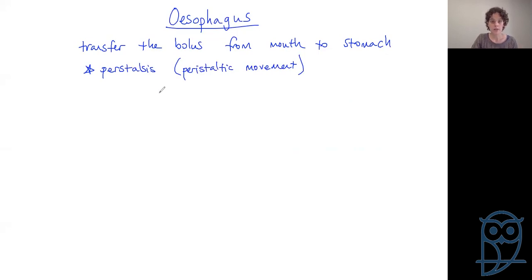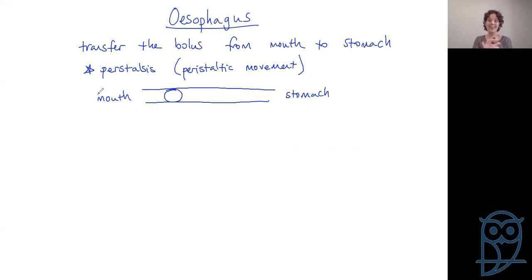So this is where we have our esophagus and we have our bolus of food. Now, how's it going to move? From the mouth to the stomach. So the walls of your entire digestive system have muscle in, and they have what's called longitudinal muscle and circular muscle. So longitudinal muscles run down the wall, circular muscles run around the wall, like this.